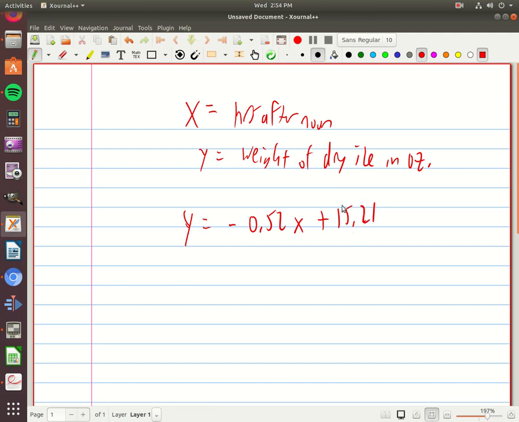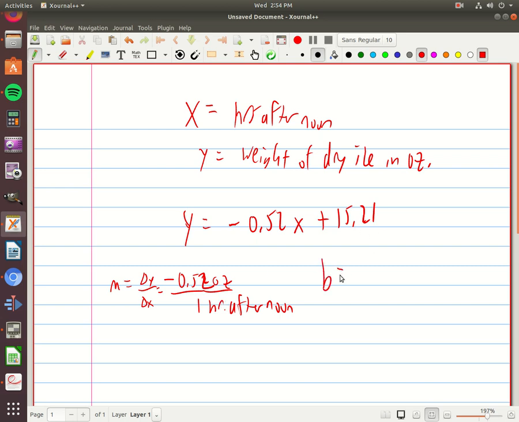So I never want to lose sight of the fact that I always want to figure out what this equation means. So I have negative 0.52 y's, right? Remember my slope is change in y over change in x. So negative 0.52 ounces for every 1x, for every hour afternoon. That makes sense. So every hour afternoon, I lose 0.52 ounces of dry ice.